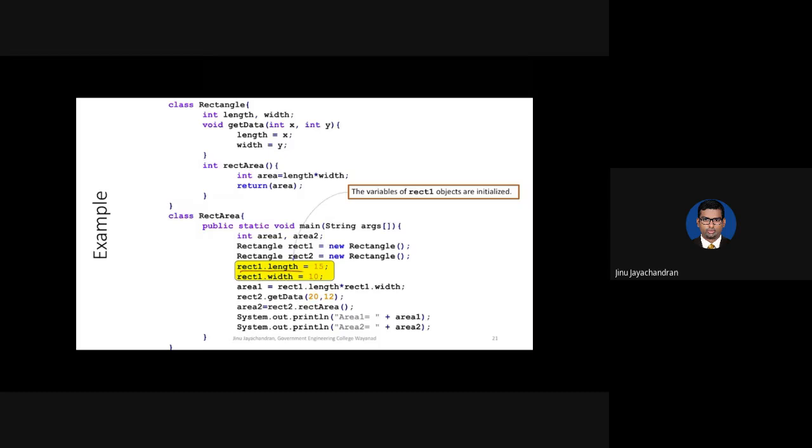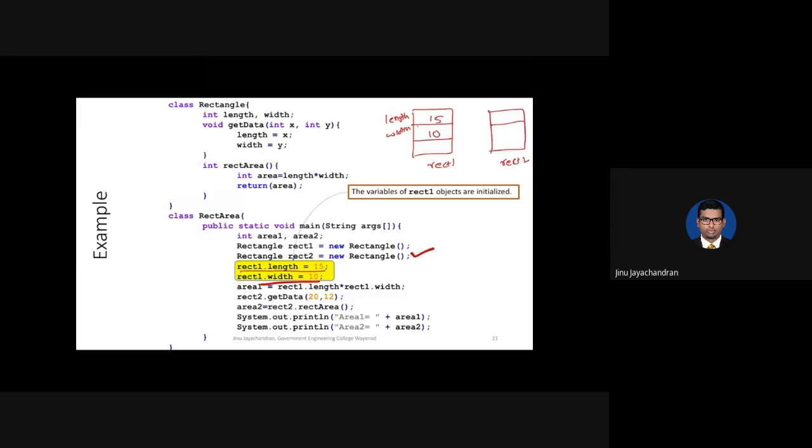rect1.length is assigned 15. So you have rect1, you have the memory location 15, there is a memory location 10. So for rect1, length became 15 and width became 10. Okay, so this is the length memory, this is the width memory. Similarly, you should know that rect2 is also defined because we have created a memory here.